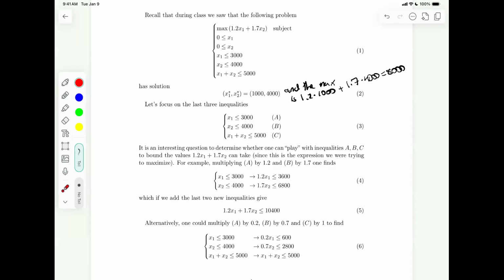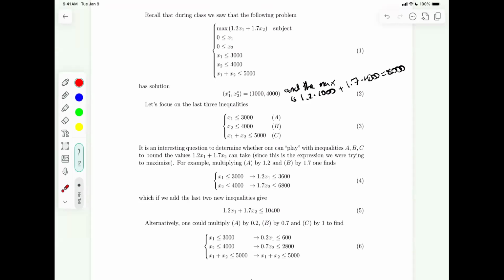So for example, here's one thing I could do. I can take the first inequality and multiply both sides by 1.2. Why 1.2? Because 1.2 is literally what multiplies x1, right? So I do 1.2 on both sides of A.